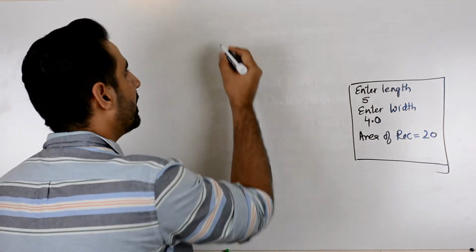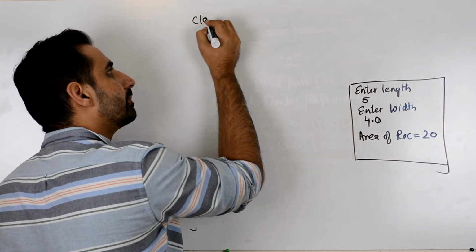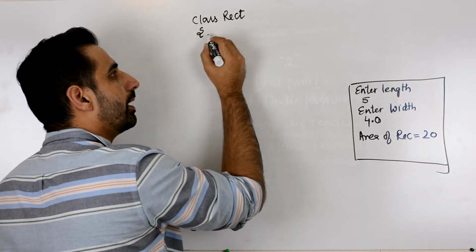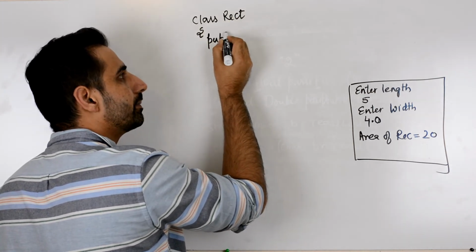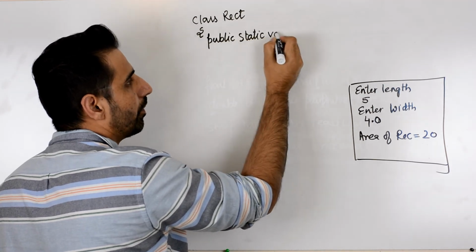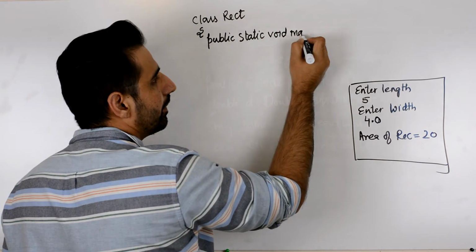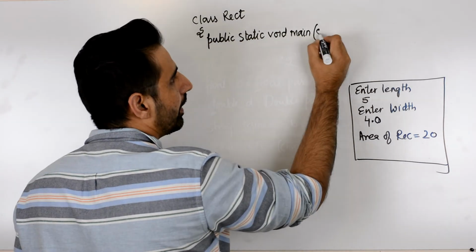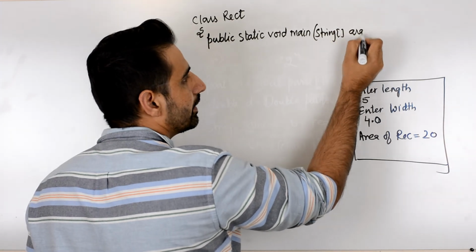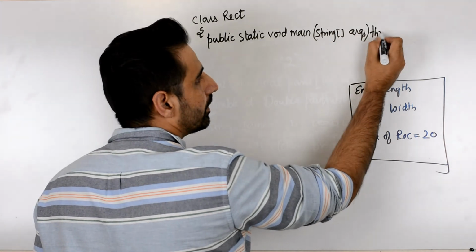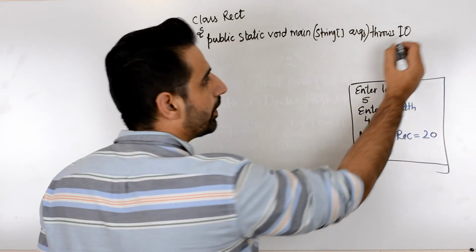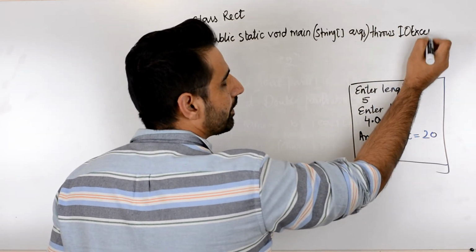So for that we'll write class Rectangle and then public static void main, and here we write String args throws IOException.